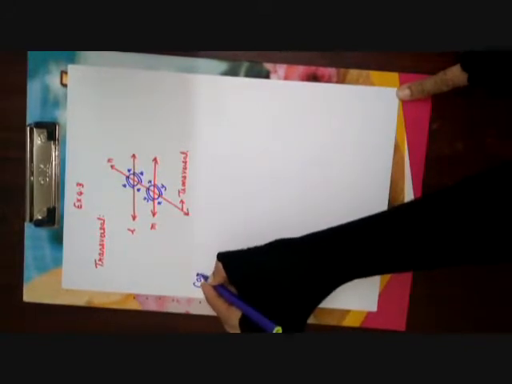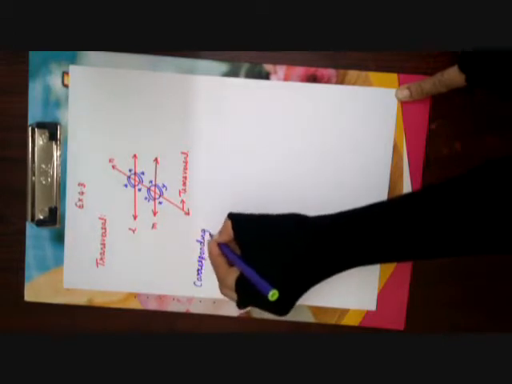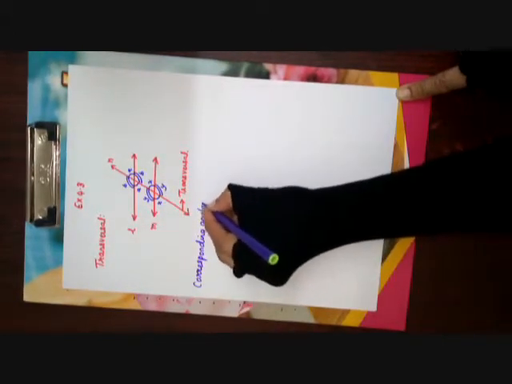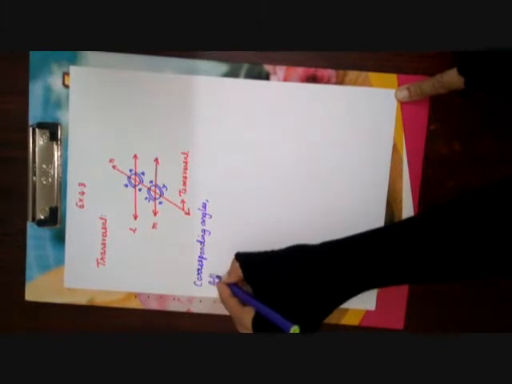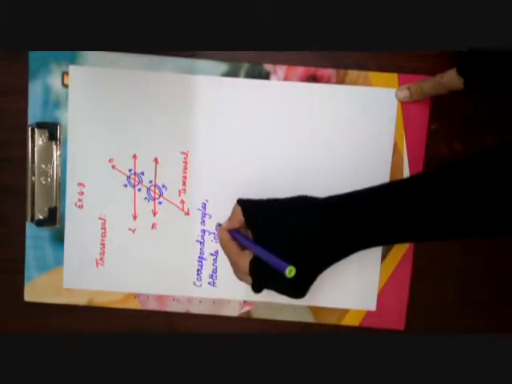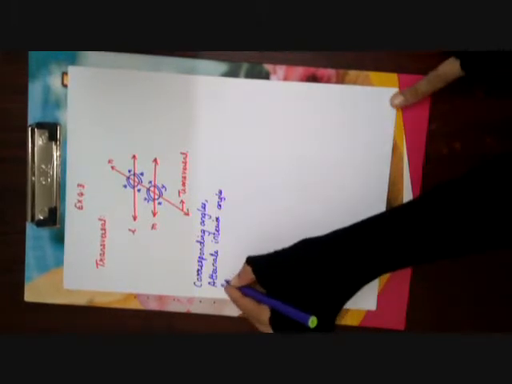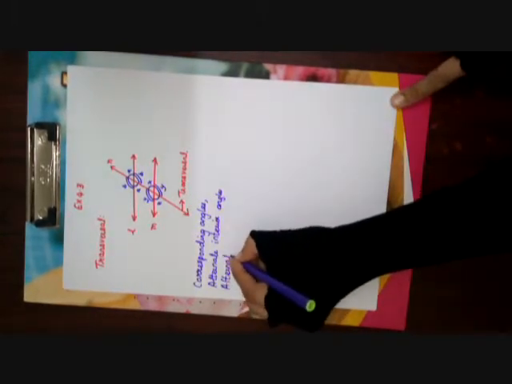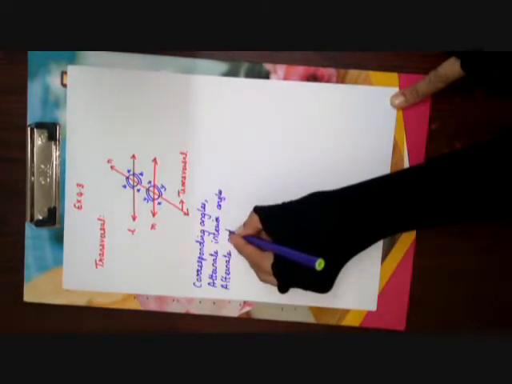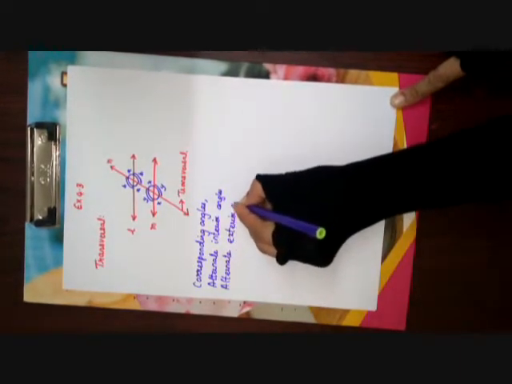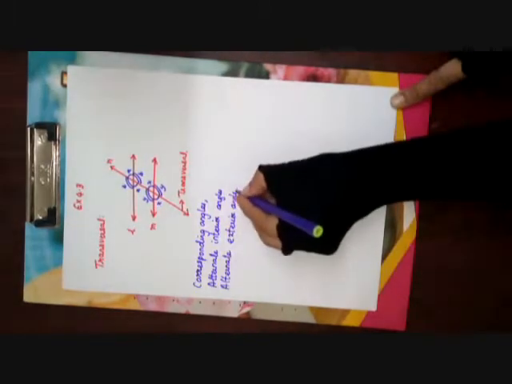They are corresponding angles, alternate interior angles, okay, are you getting it, children? And alternate exterior angles. When we just say the name, I'm sure you will be able to tell their positions.